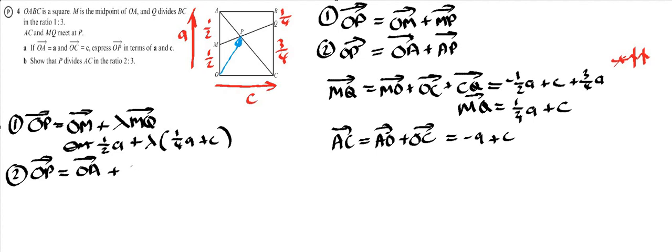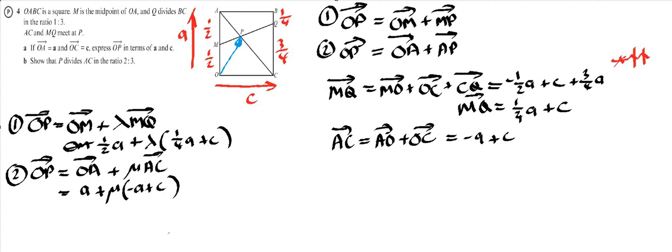We don't know where, so we're going to do mu times AC. So I've got O to A, that's just A, plus mu times AC, and we said AC was minus A plus C. Now I've got two ways of writing the same thing, and we end up in the same place, so they have to be equal.